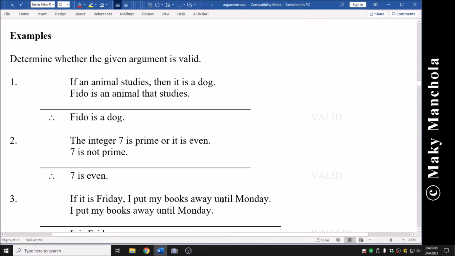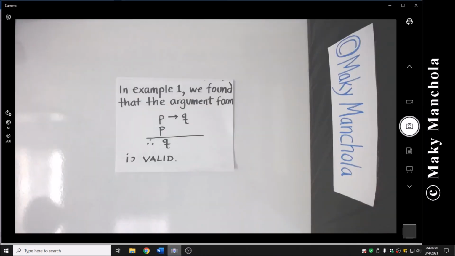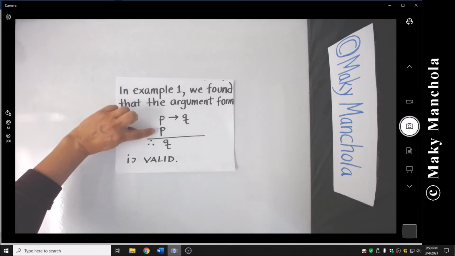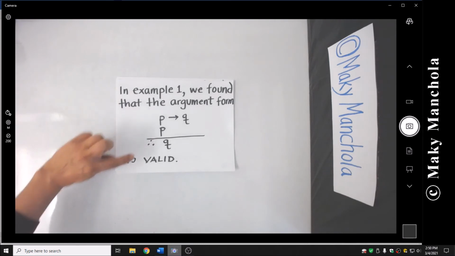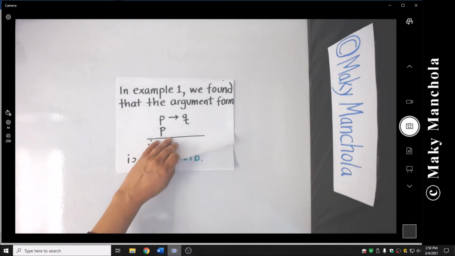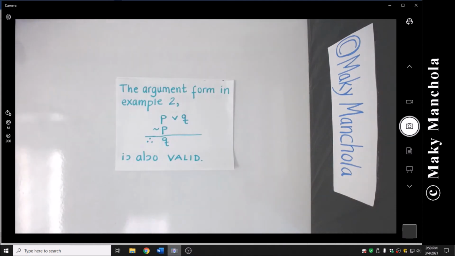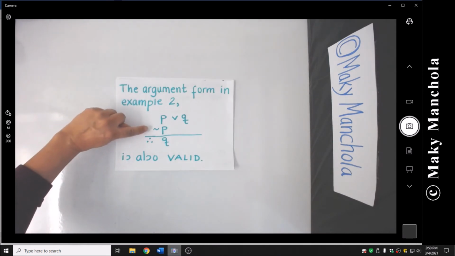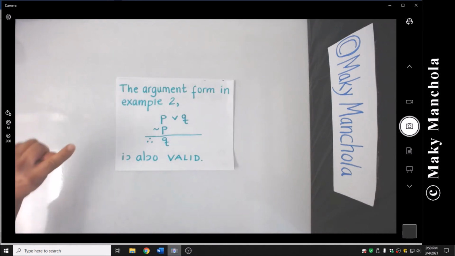Very good. Here is a summary from our 3 examples. In example 1, we found that the argument form P implies Q, P therefore Q is valid. The argument form in example 2, P or Q, negation P therefore Q is also valid.